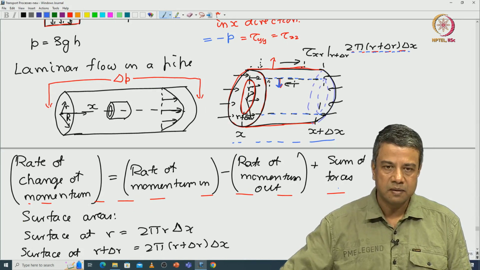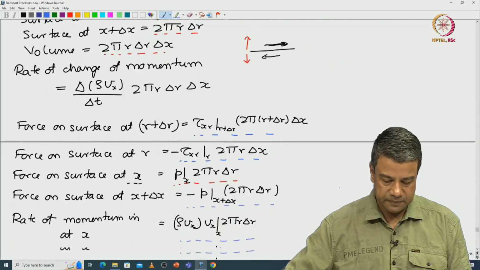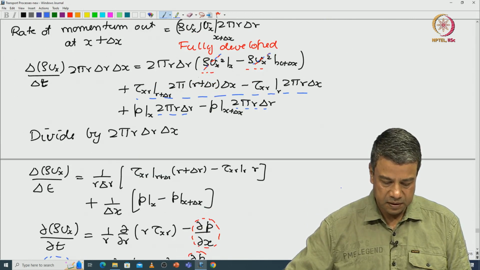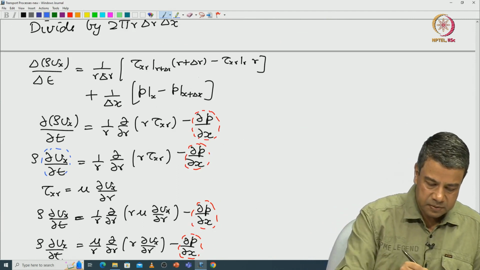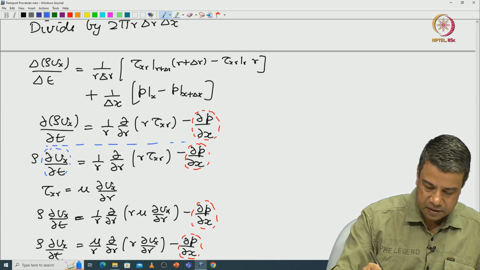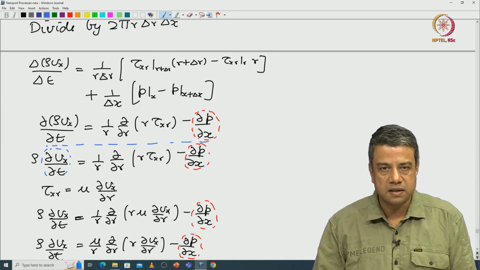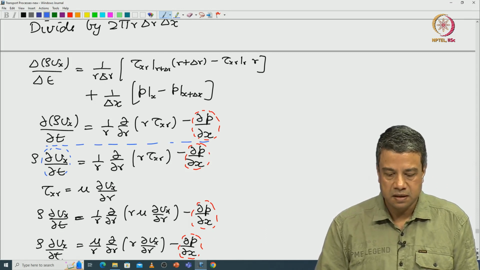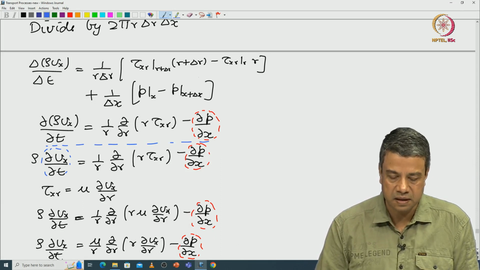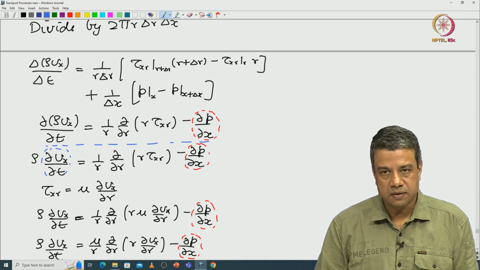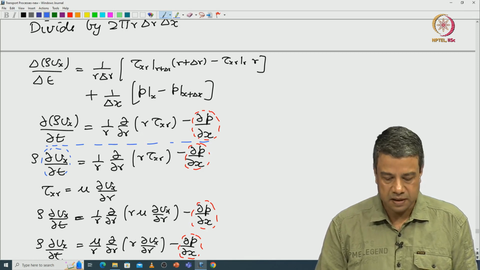We had derived the momentum balance equation, if you recall, and the momentum balance equation was of this form, where tau x r is the shear stress, the force in the x direction acting at a surface whose outward unit normal is in the r direction, and there was a pressure gradient delta p by delta x.